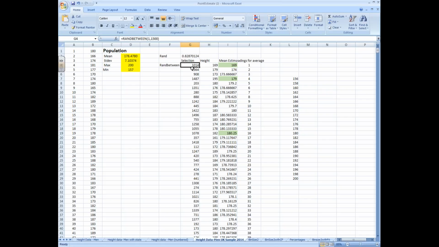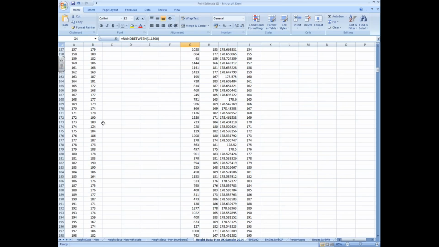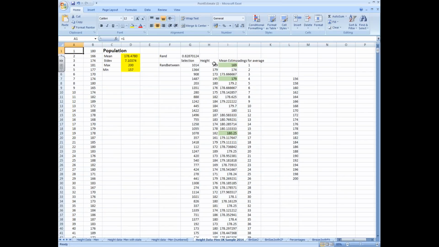What Excel is doing is generating a random number, in this case 1014, going all the way down my table to row 1014 and picking out the number 169 and then popping it in there. It's then generating another random number and finding that data point, then generating another random number, and so on. You get the idea.